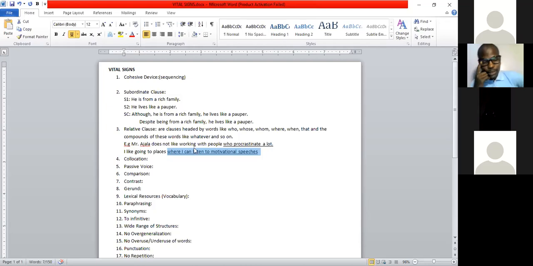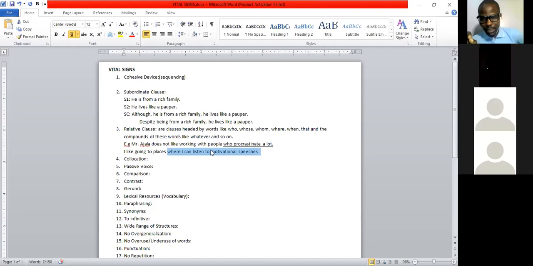I didn't say it comes at the end, it comes in the middle. It's not exactly in the middle, but it's not located at the beginning and it's not located at the end. In the two examples, Mr. Ajala does not like working with people who, from who to the end is where you have the relative clause.